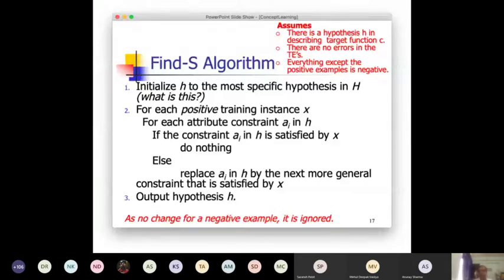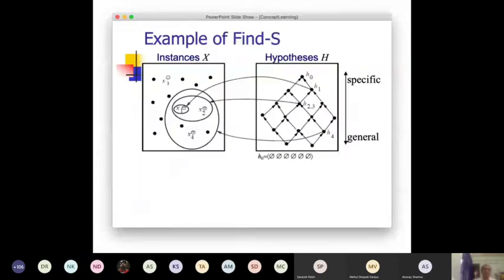So that is the additional inductive bias that you are putting into this search process, and then you are going to get the least specific hypothesis in this way.